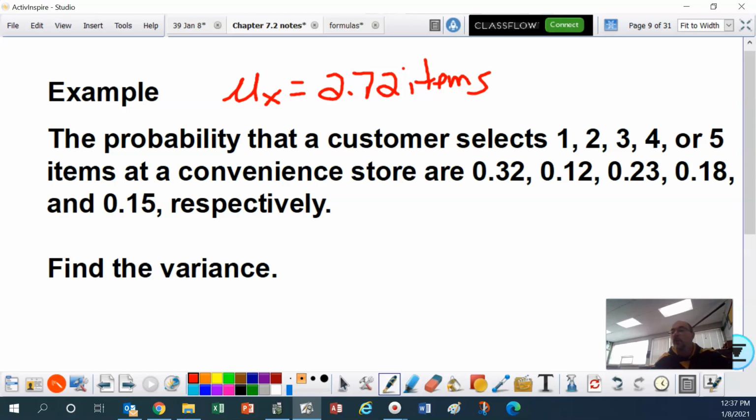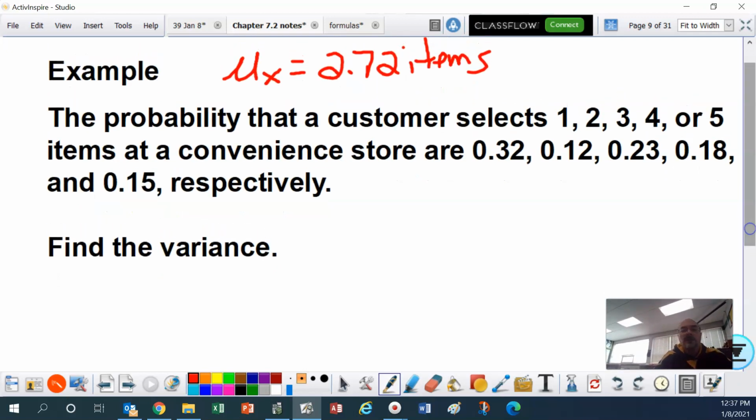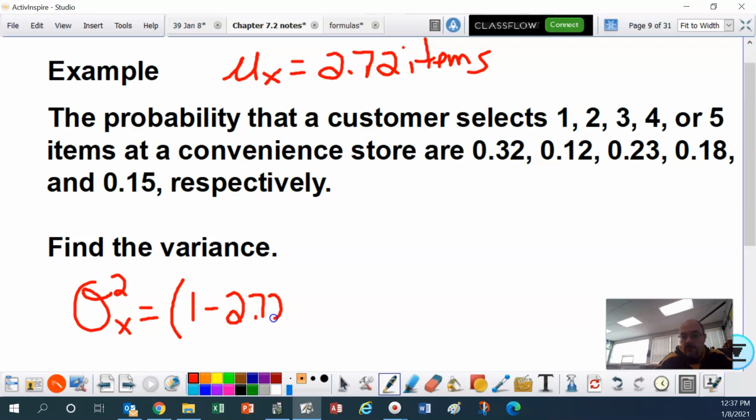Okay, here we go. To find the variance, ladies and gentlemen, we are going to take the X value, which is one item, minus the mean squared times its probability. That's the one item.